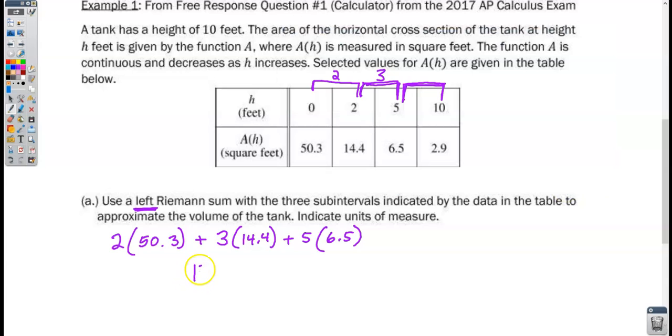And I get 176.3. Now since the height is in feet and the area is in square feet, the volume here is going to be in cubic feet. So there's my answer.